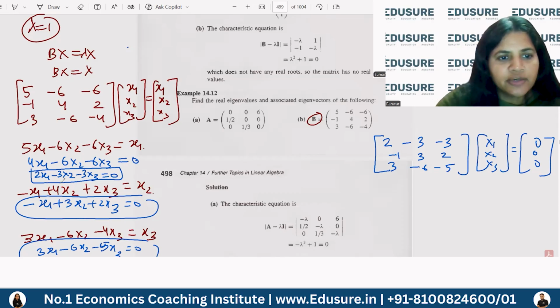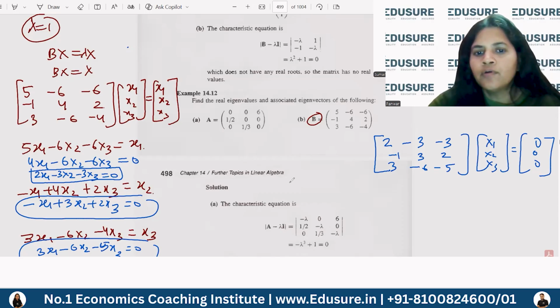So first let me just recheck the equations. Okay. So let me make R2 goes to R2 plus half of R1, and then R3 goes to R3 minus 3 by 2 of R1. So 2, minus 3, minus 3.